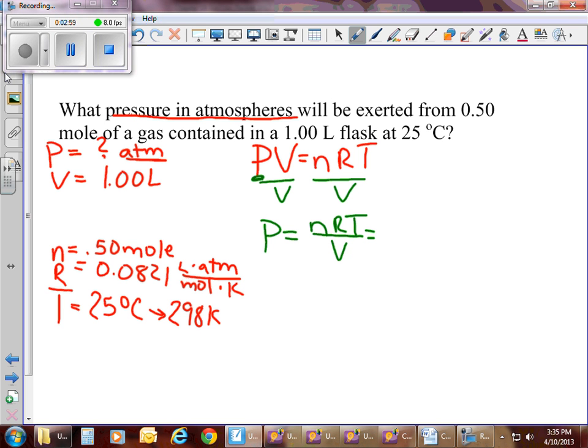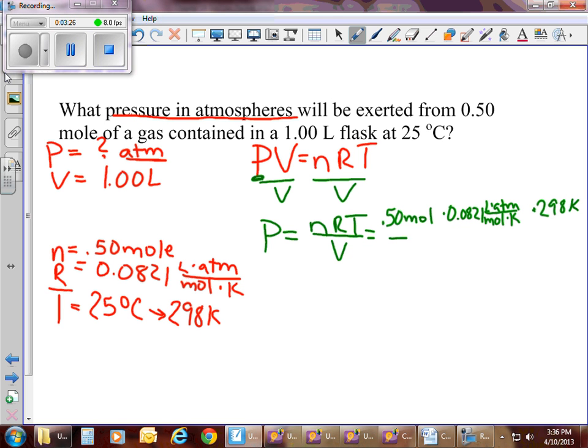So n is 0.50 moles. R is 0.0821, and that's liters times atmospheres all over moles times Kelvin. Then I'm going to multiply it by T, my temperature, so times 298 Kelvin.